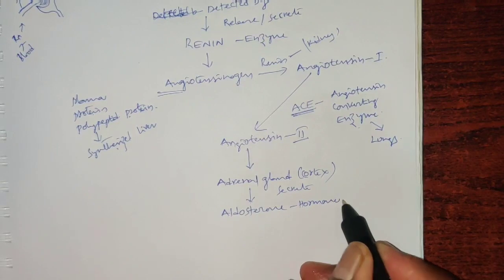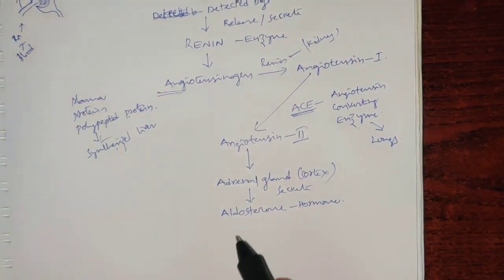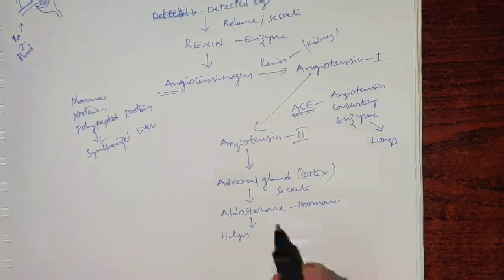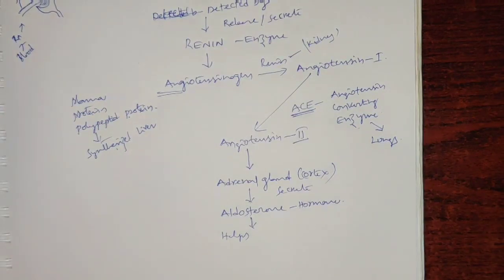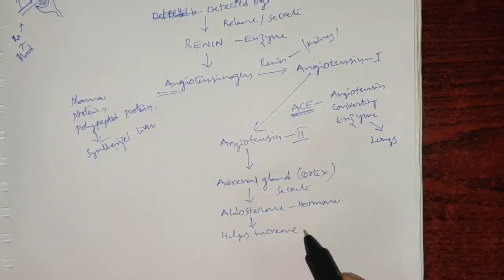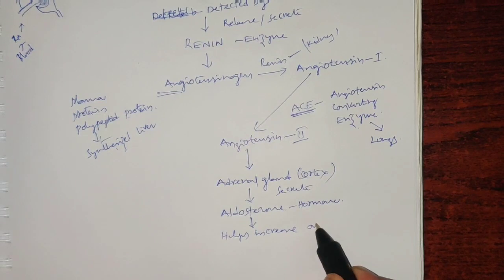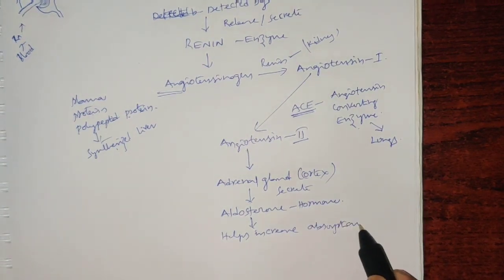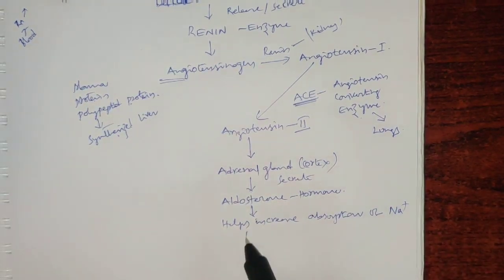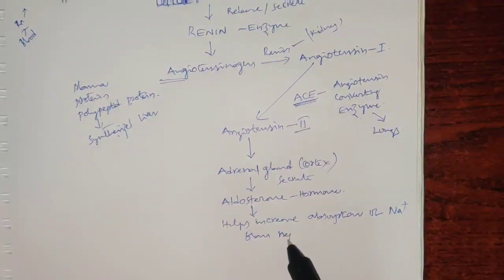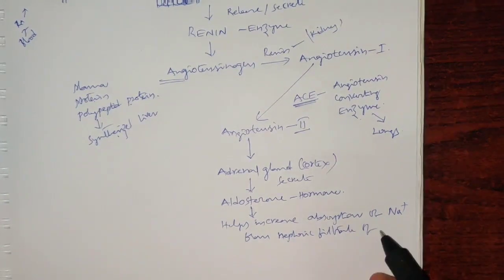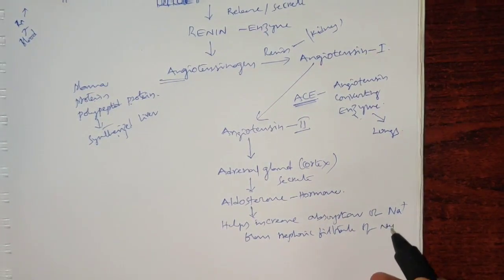This aldosterone hormone helps to increase the absorption of sodium ions from the filtrate of the nephron.